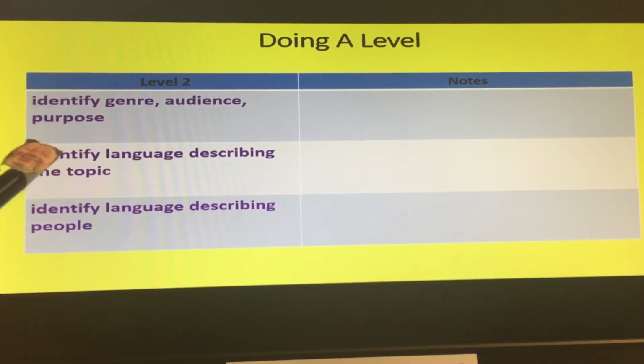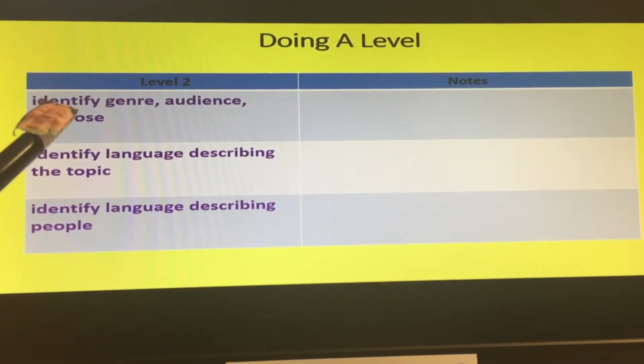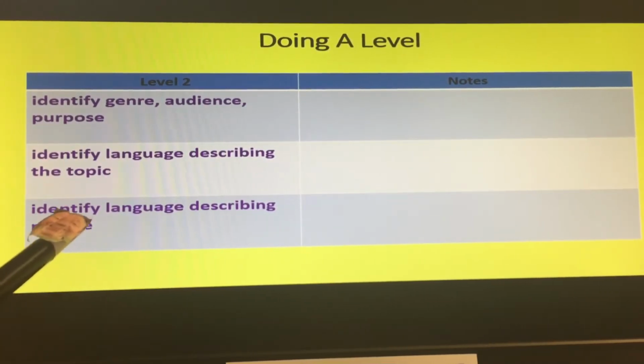And then you move on to this. Okay, so think about the topic. What is the text about? What's in it? What's the content? What's the subject? And then find some language in the text which describes what the text is about. Okay, quotes in other words. And then the final thing you do is just look for people being described in the text.